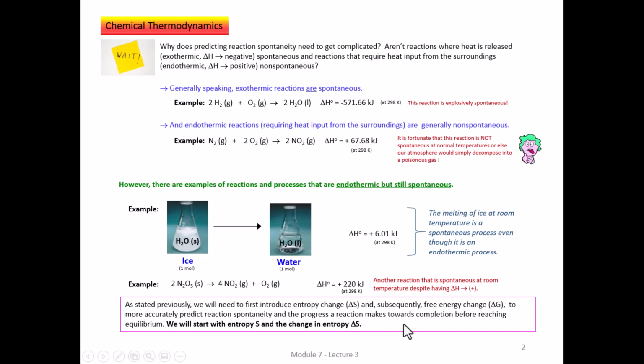We will start with entropy S and the change in entropy, delta S. You might recall that in a previous module, we briefly introduced delta S and delta G when attempting to predict solubilities. As promised back there in that module, we will now discuss the origin of these energy changes in a more fundamental way.